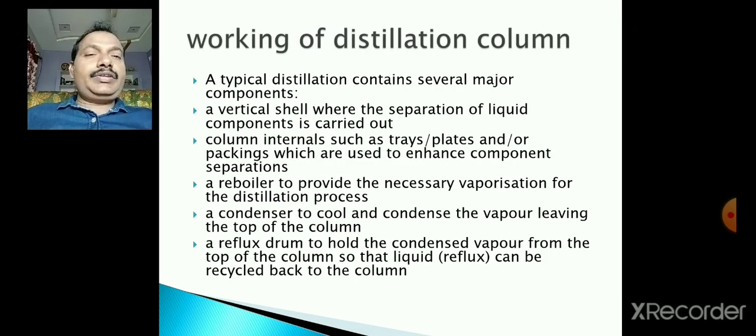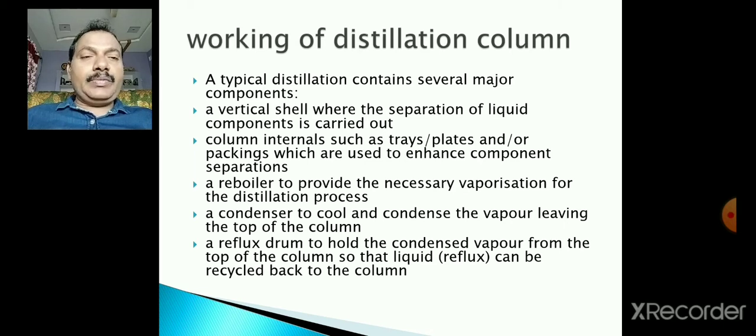These trays and plates are used to separate different byproducts. A reboiler to provide the necessary vaporization for the distillation process. A condenser to cool and condense the vapor leaving the top of the column.